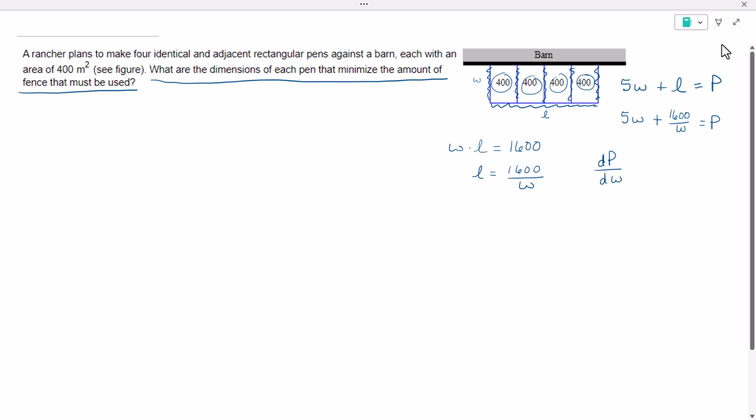The derivative of the perimeter with respect to the width is going to be equal to 5 minus 1,600 over W squared, just by simple derivative rules. So dP/dW is equal to 5 minus 1,600 over W squared.